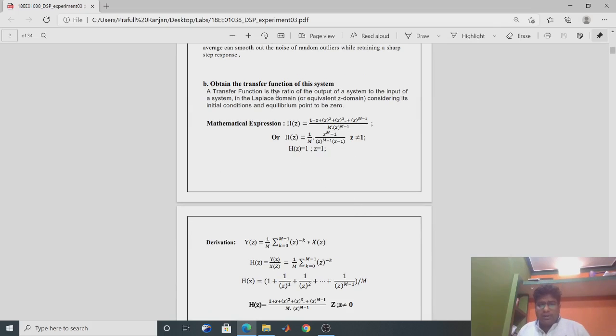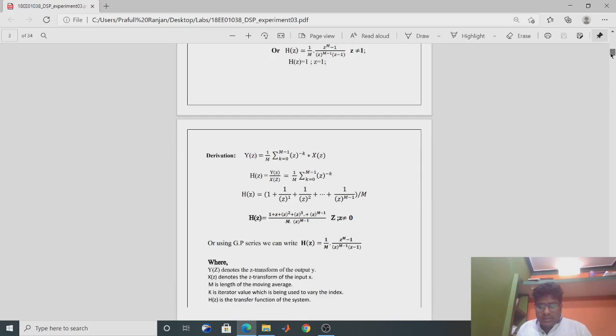Second is to obtain the transfer function of this system. From the definition of the transfer function, the mathematical expression comes out as 1 plus z to the power minus 1, plus z to the power minus 2, up to z to the power minus (m minus 1), the whole divided by m.